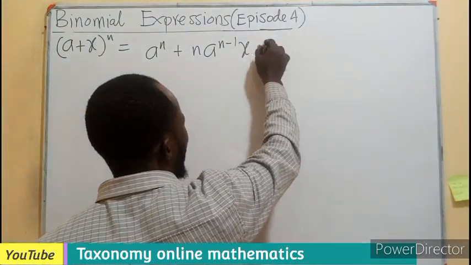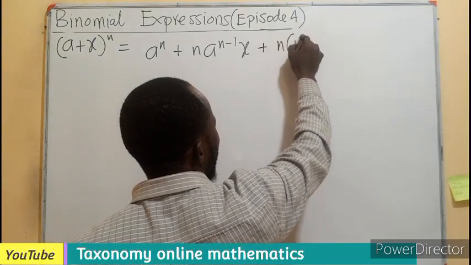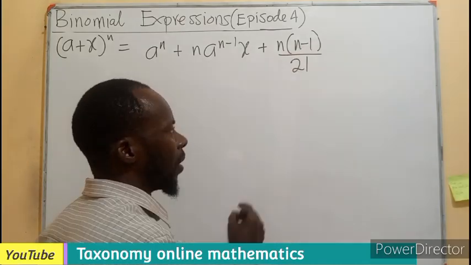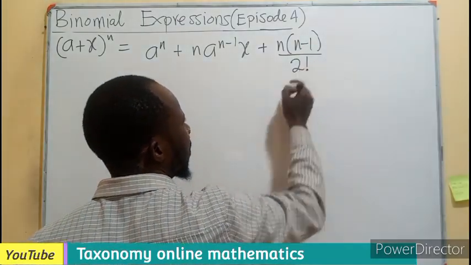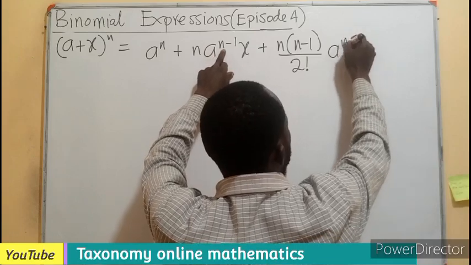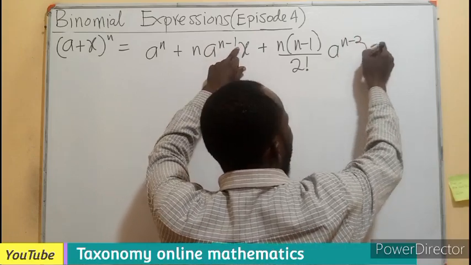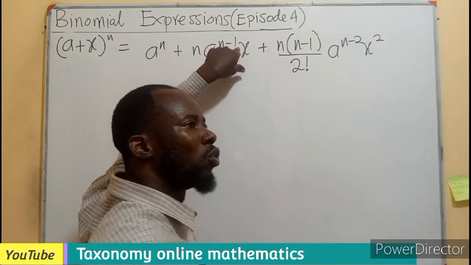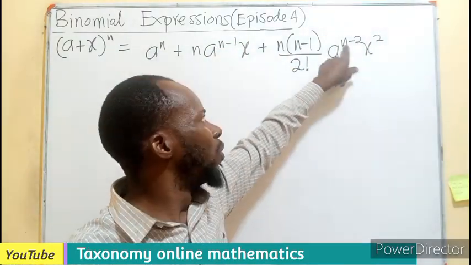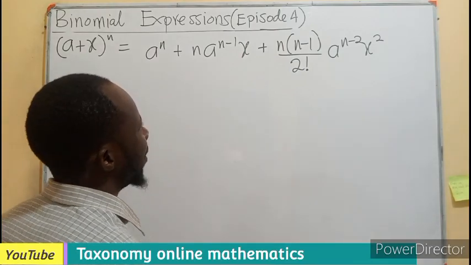Then the next one will be n(n - 1) divided by 2 factorial. Then we still have our a, the exponent of n minus 2, then x becomes the power of 2. So that when you add these two, you still get n out there.